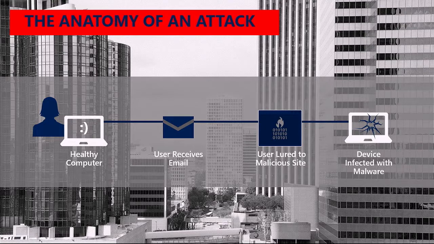Spear phishing attacks. I craft a fake website that looks like, say, Outlook Web Access. I blast it out to all of your users. Some of your users are going to go to that website, put their credentials in, and I'm going to be able to steal those credentials and get into your network.